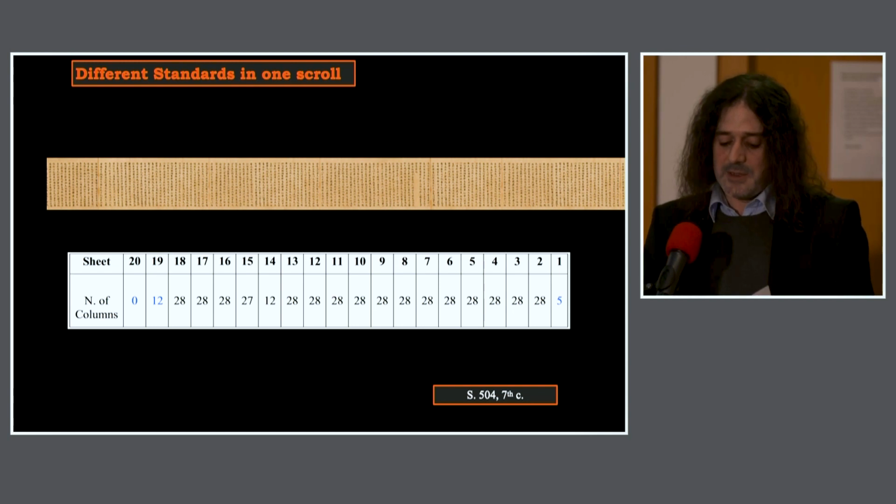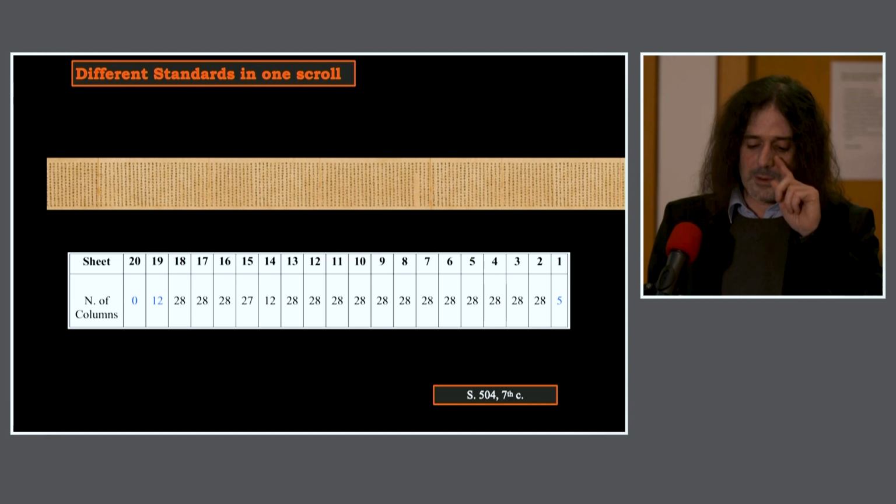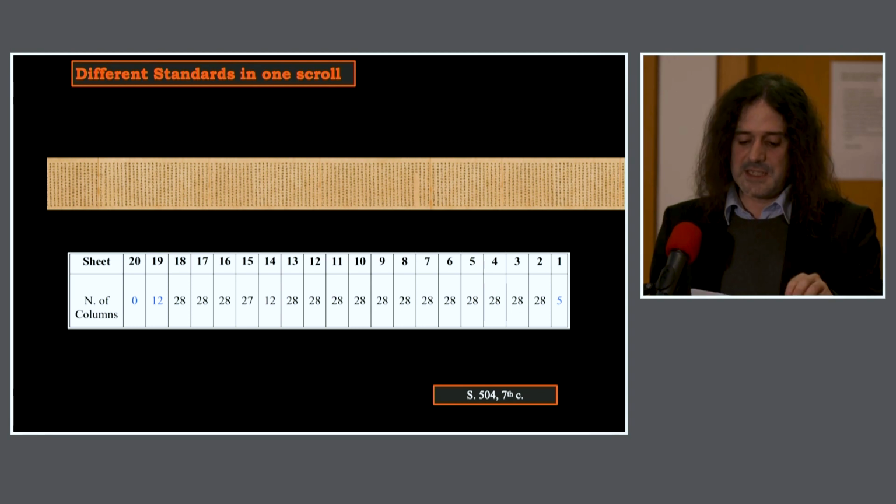And various documents suggest given tendencies in considering the 7 or the 8 scroll version as normative in specific historical periods. For example, this manuscript Stein 504, probably dating back to the 7th century, is a good example.